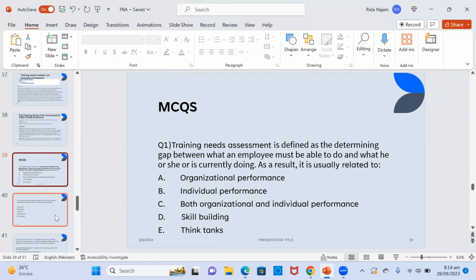The answer is C, both organizational and individual performance.